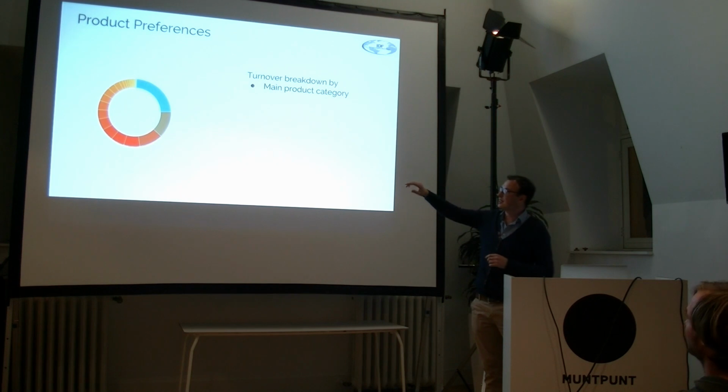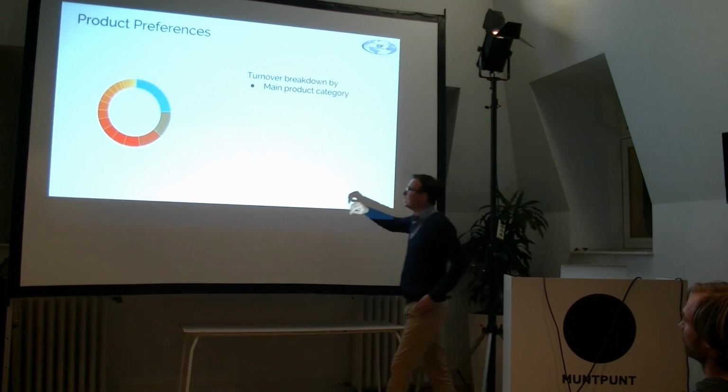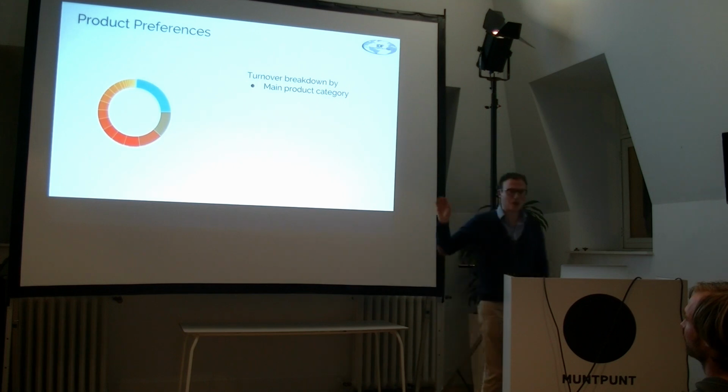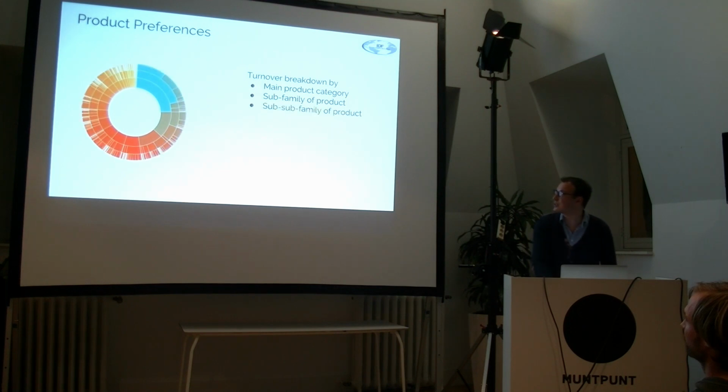What you're seeing here is a fraction of turnover by main categories. The first one is perfume, I think, then chocolates, then cosmetics, and so on. Then we further break down those categories into subcategories, brands and products.